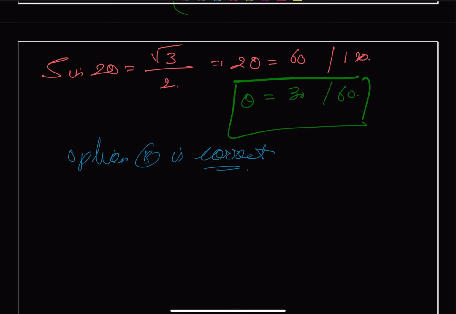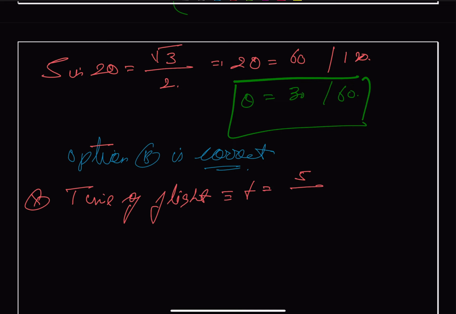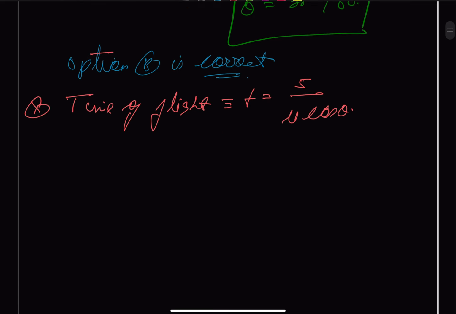And time of flight we already know, we already got the formula for that. Time of flight, that is our t is equal to 5 by u cos of theta. And let's try for both values of theta.